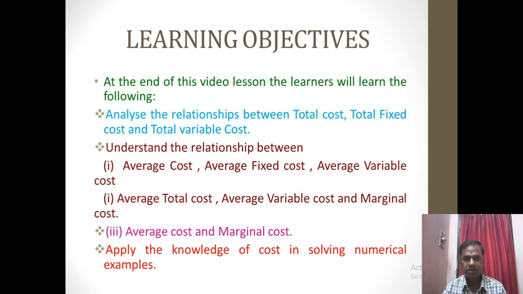They will understand the relationship between average cost, average fixed cost and average variable costs. Then average total cost, average variable cost and marginal costs. Lastly, they will understand the relationship between average cost and marginal costs. Then some numerical questions related to the costs.